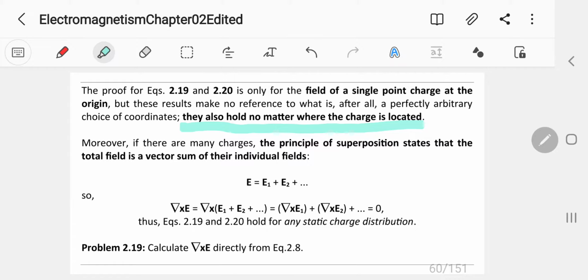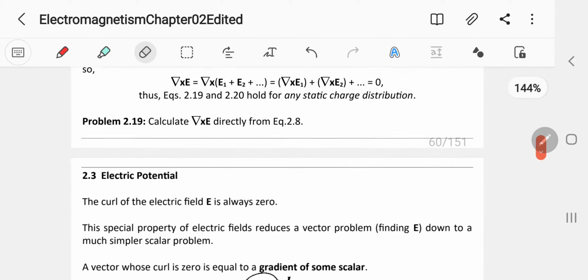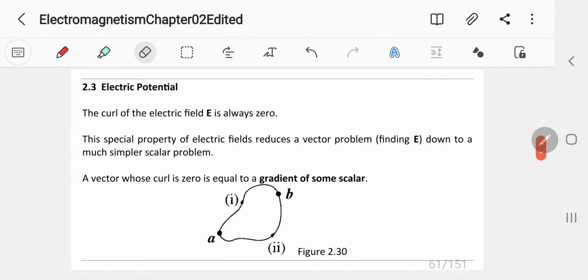So if you take the curl of the sum of these electric fields, then you're also taking the curl of each of the electric fields, and that is also equal to 0. So we can now define the electric potential.